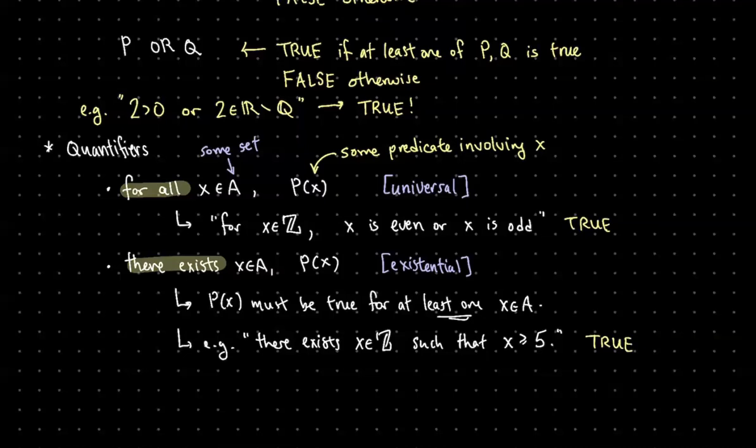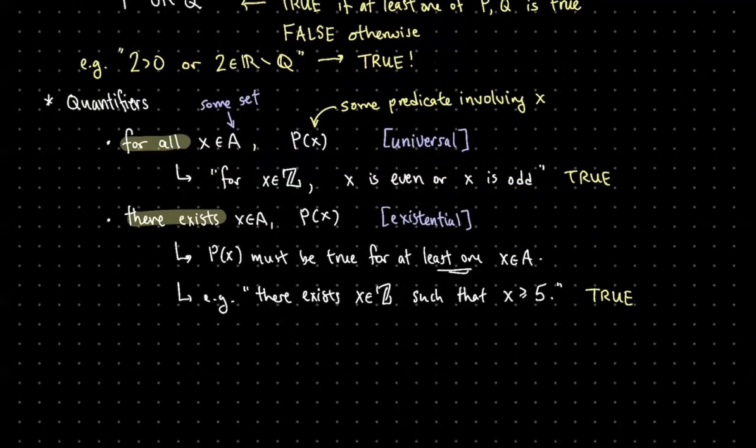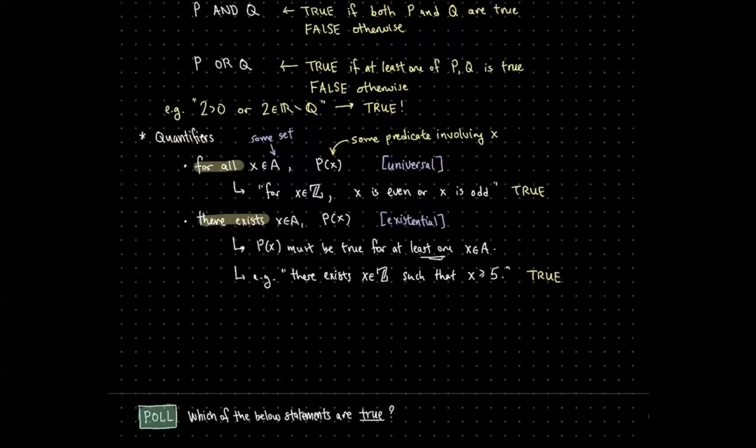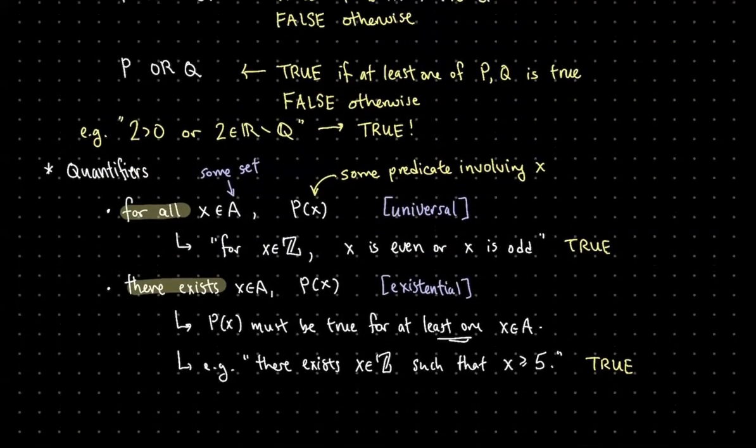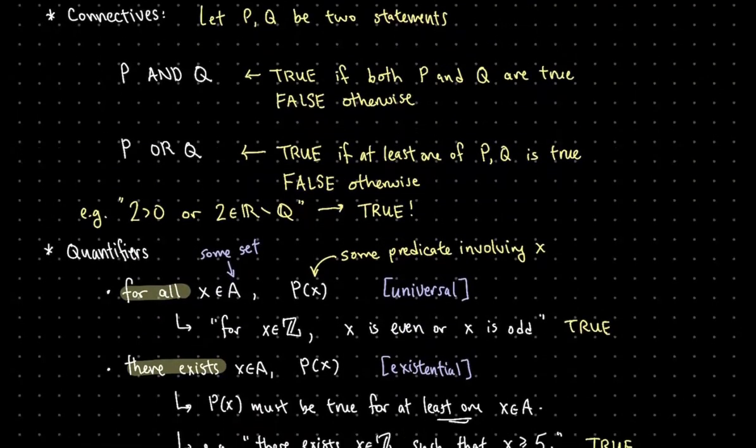Okay, so these are all mathematical statements because each has a truth value. Okay, so let me give you another poll question about this. Unless there are any questions. Are there any questions about how quantified statements and connectives work?